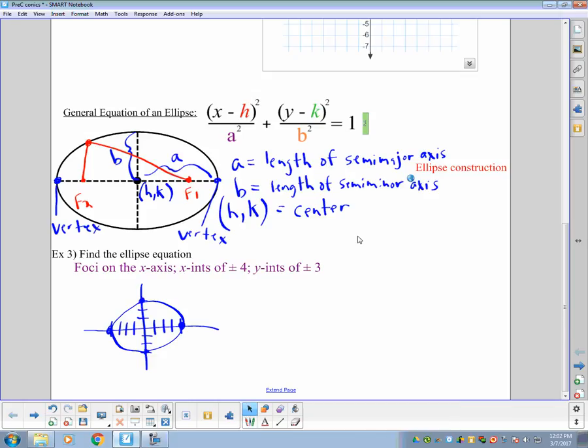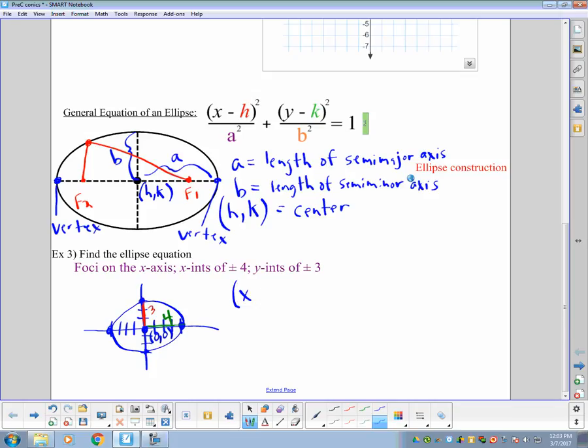So here we have A from here to here, and that's equal to 4. And B is from here to here, and that's equal to 3. And then I have a center. So the center H comma K is the origin. So plug everything in here.